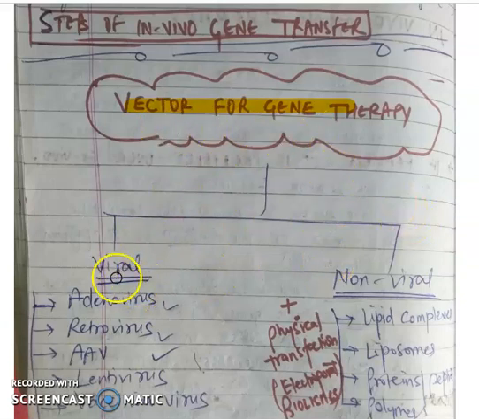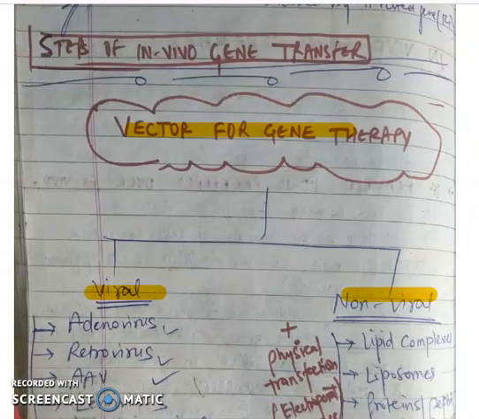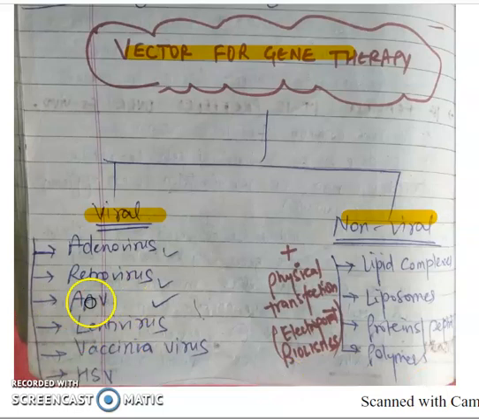For gene therapy, there are two types of vectors: viral vector and non-viral vector. Among viral vectors are adenovirus, retrovirus, adeno-associated virus, lentiviruses, vaccinia virus, and herpes simplex virus. These are the common viruses which are used as vector for the introduction of therapeutic gene into the patient's body.